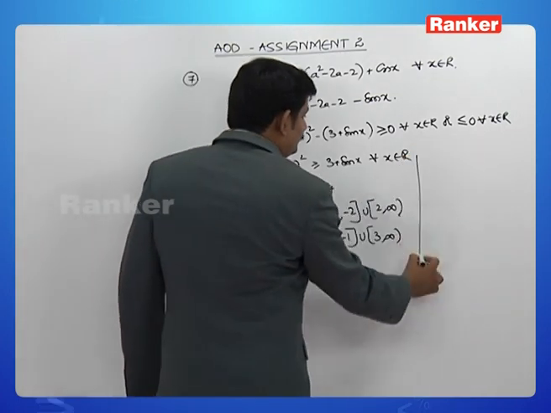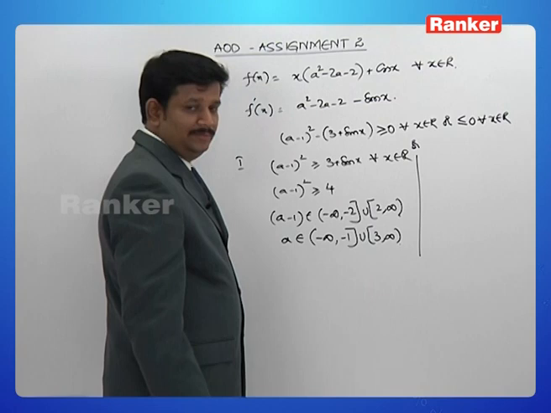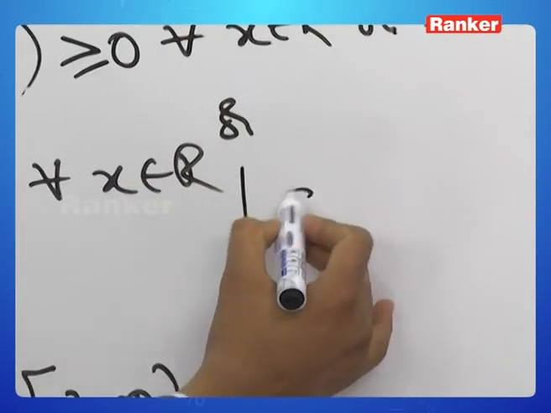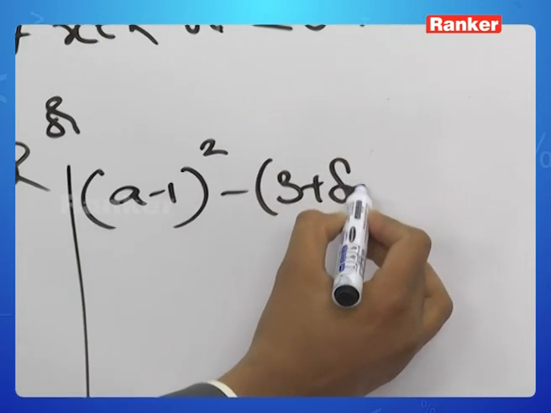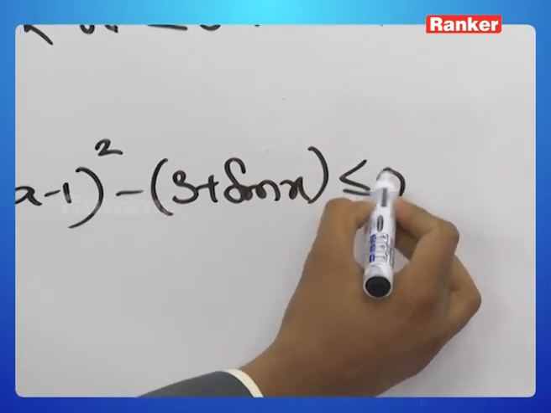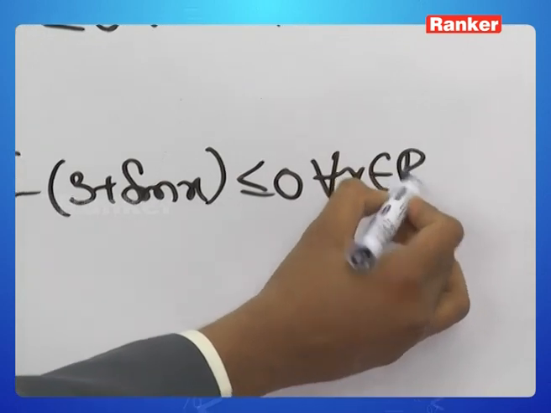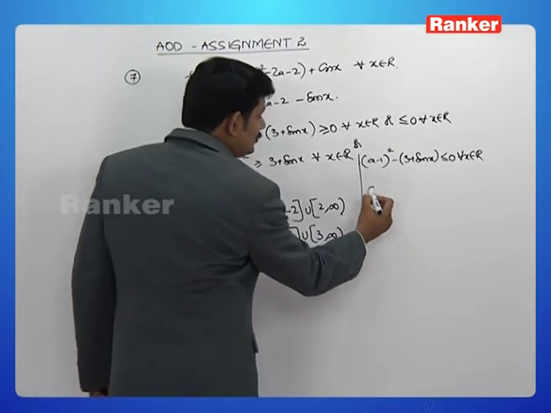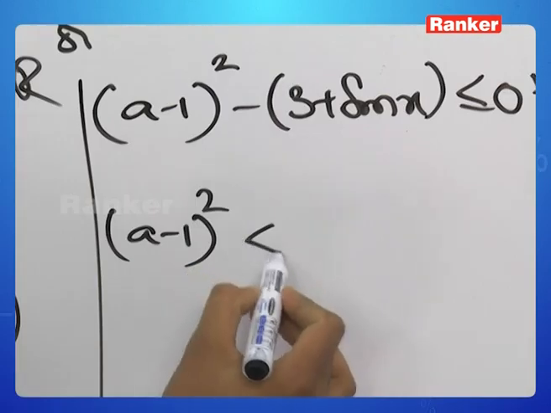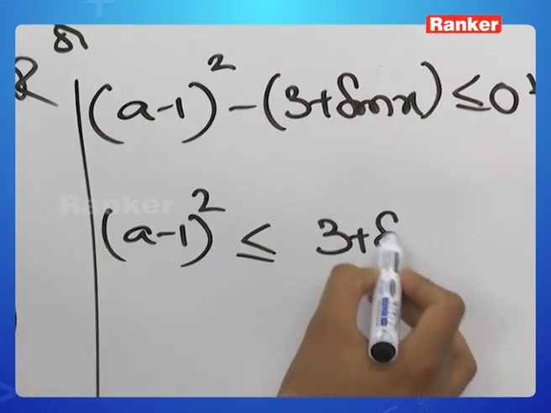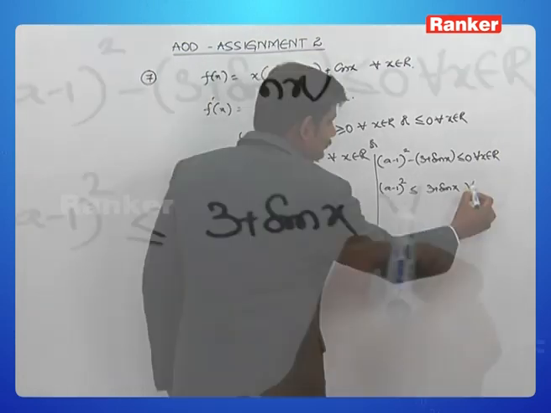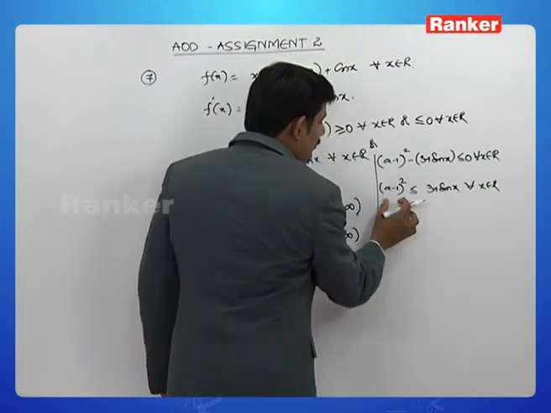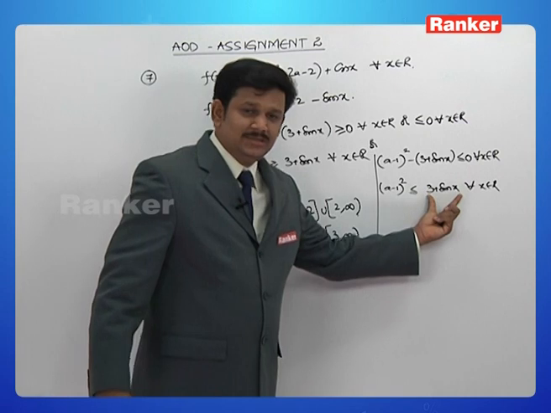Alternately, it is also possible when a minus 1 whole square minus 3 plus sin x is less than or equal to 0 for all x belonging to R. So, a minus 1 whole square has to be less than or equal to 3 plus sin x. Whatever be the value of x, a minus 1 whole square should be smaller than 3 plus sin x.